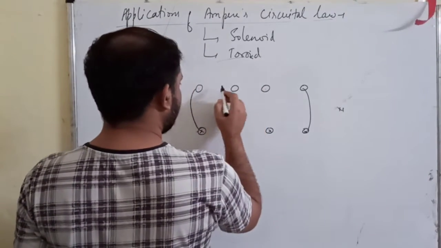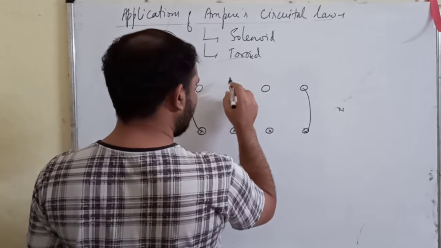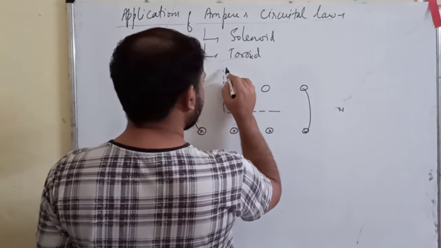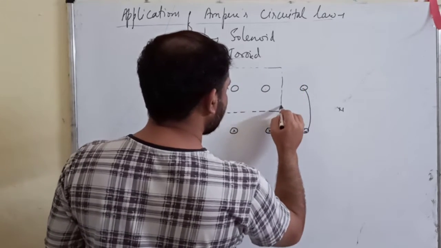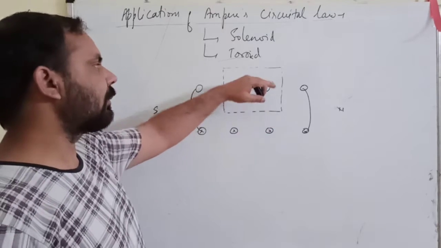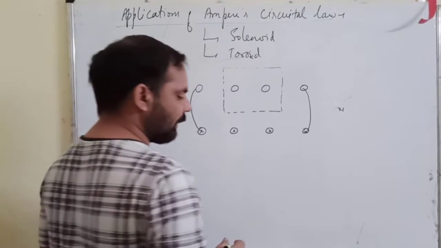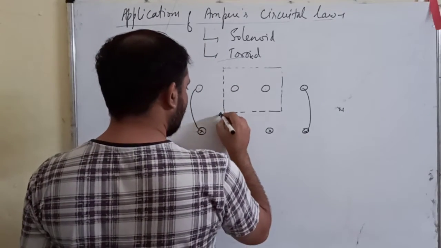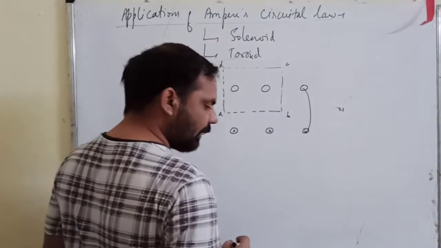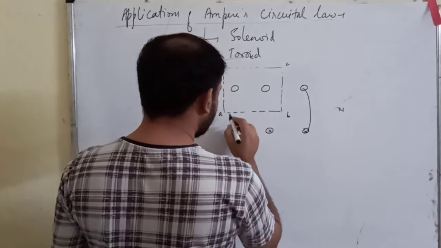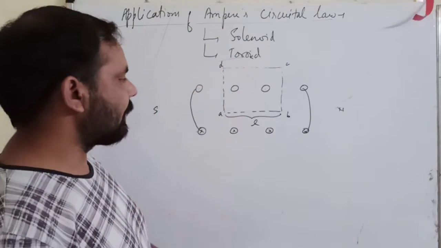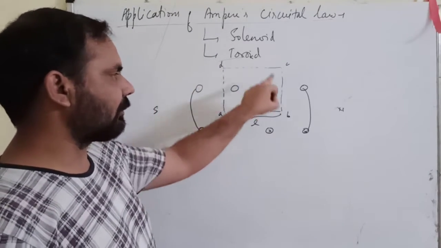Now what we do is we make a closed loop. We take a closed loop in such a way that some part of the loop is inside the solenoid and the remaining part is outside the solenoid. And let us name this as A, B, C, D. Let us suppose that L is the length of this part of the loop.